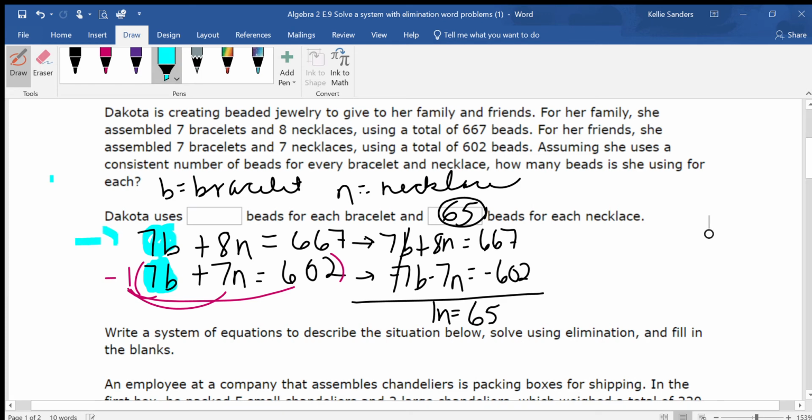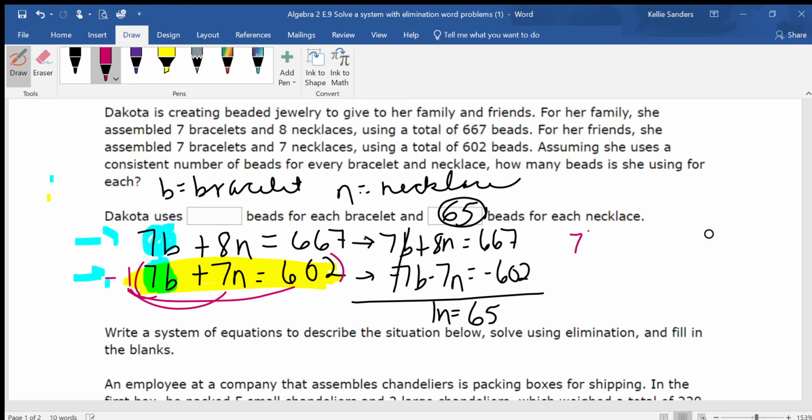Choose one of these. We'll just use the smaller numbers. Not much smaller, but there's some smaller. Okay. So 7B, because we don't know B, plus 7N, we do know N, equals 602. 7B plus, multiply 7 times 65, 455 equals 602.